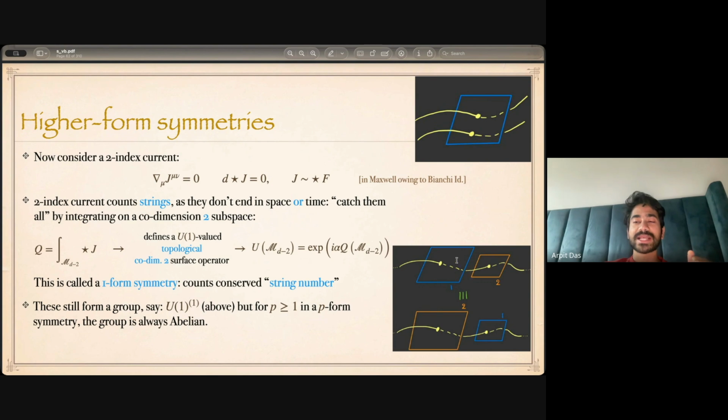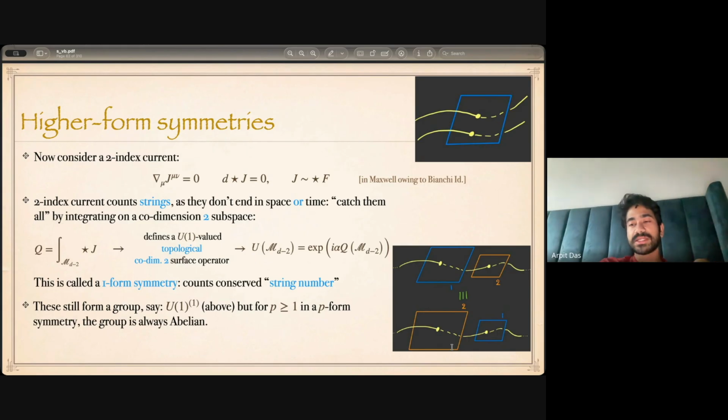But because I have an extra dimension to work with, and these are d minus 2 surfaces, I can swap one past the other and reverse their order without having any non-trivial intersection between the two. But you could not have done this for a d minus 1 operator or for a zero-form symmetry, because those will be cubes in this picture. They will not be squares. If you try to exchange cubes, you will find some non-trivial intersection, because of which you have ordering and you have non-abelianity for zero-form or usual symmetries.